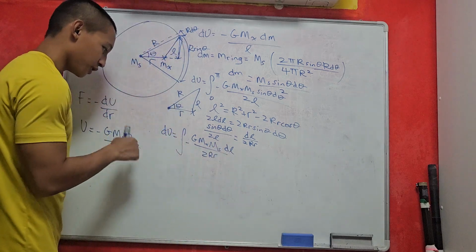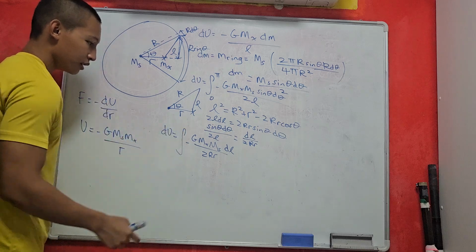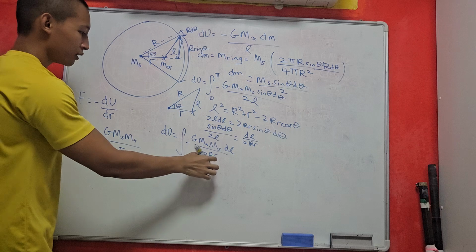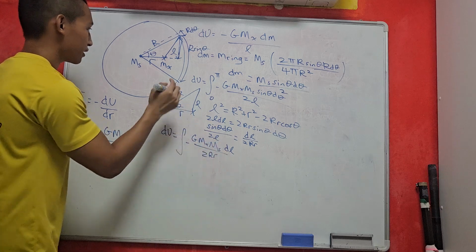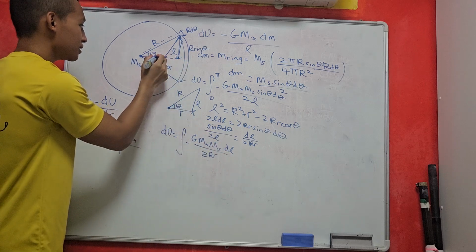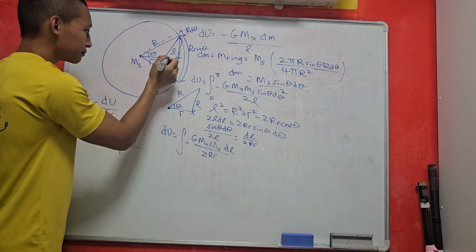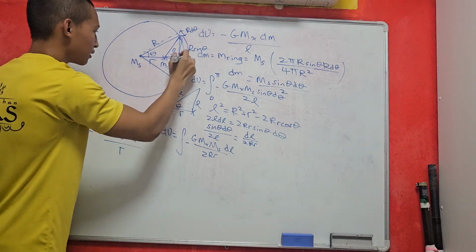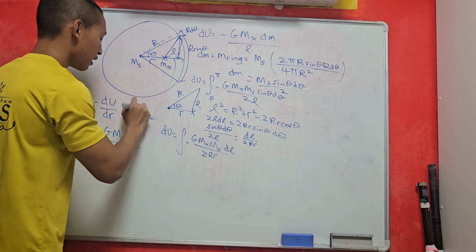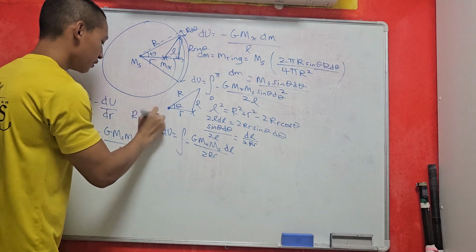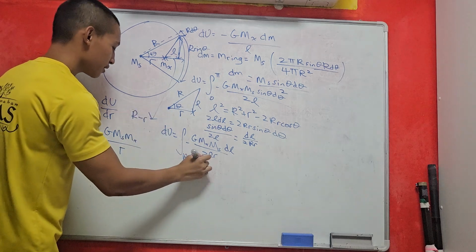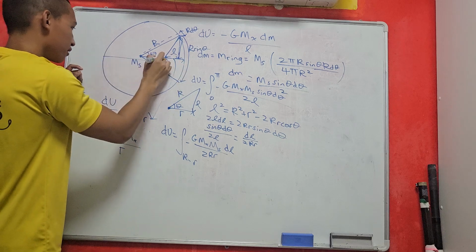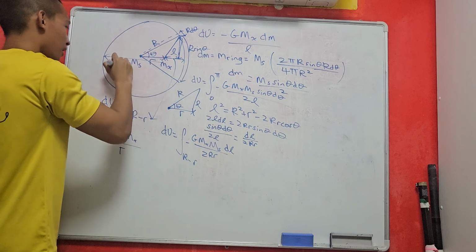And what are the limits here? I'm integrating with respect to L, and the minimum distance is just this right here, so this length is R minus r, and to the maximum, which is just this right here, R plus r.